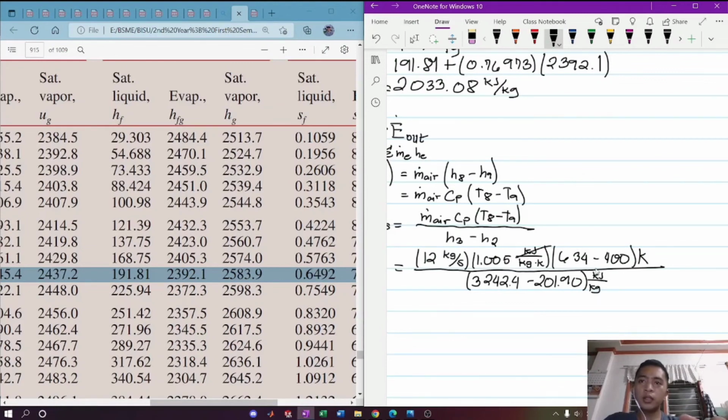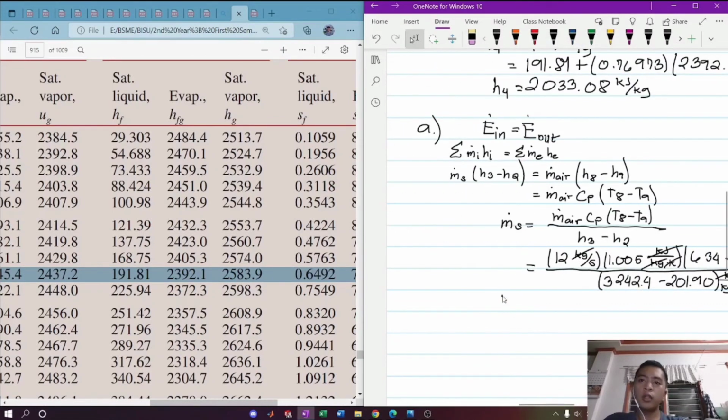Na makancel si kilojoules and then makancel si Kelvin, cancel sa kilogram ani. So what will is kilogram per second, which is m dot s is equal to sa steam 0.928 kilograms per second. So letter B, proceeding is letter B.